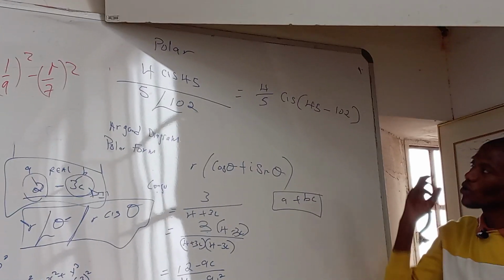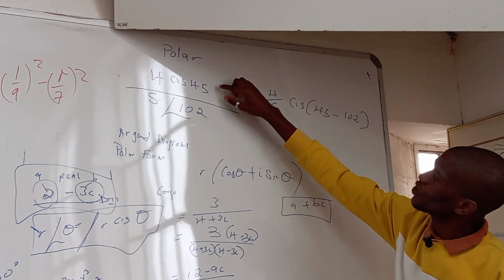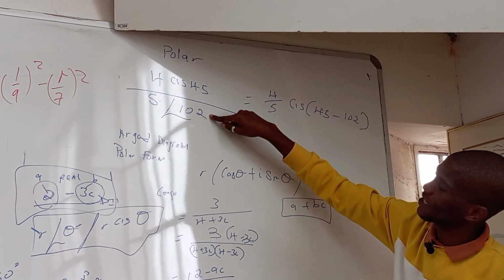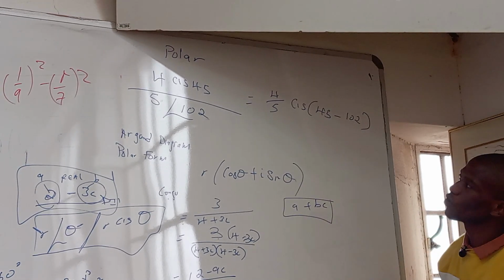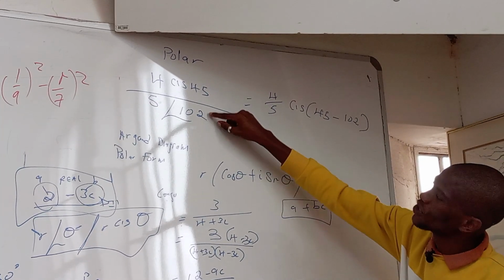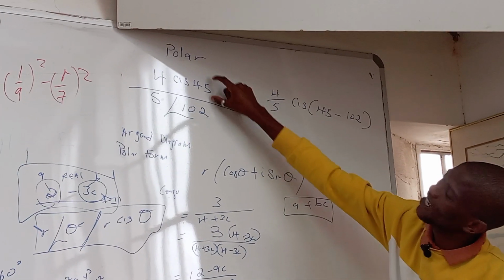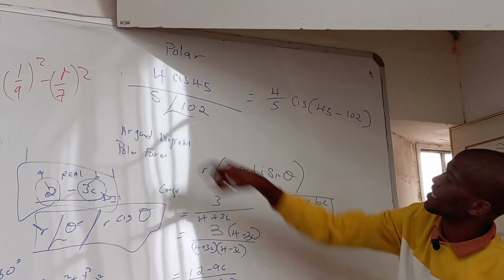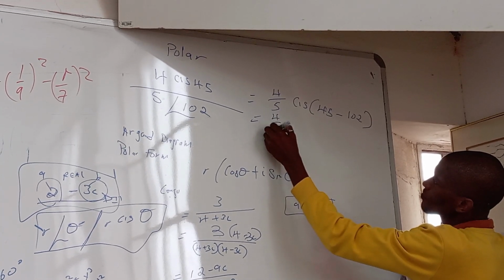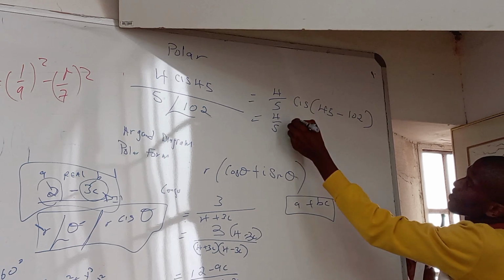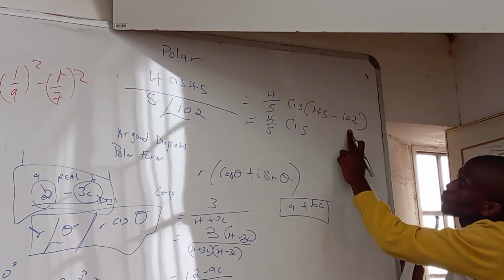And here, the rule they talked about, if you talk about your argument, you can't say 45 divided by 102. No, you can't do that. So what you will do is take 45, the argument that you have as a numerator, and you minus the one that you got as a denominator. So the answer can be 4 over 5, then you write your cis, then you subtract 45 minus 102.